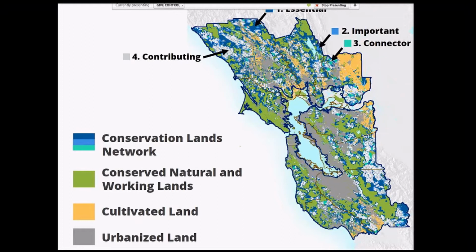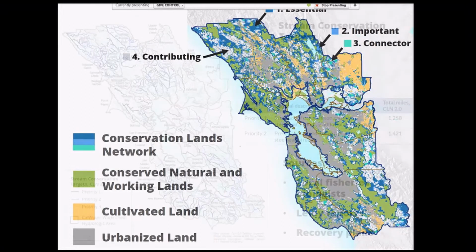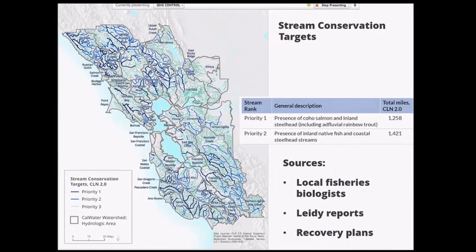So yes, to complement the network, we also wanted to add in stream conservation targets as well. So we have habitat conservation targets, we have species occurrence targets, and then we also have these stream-based conservation targets. They're based on 3 priorities. Priority 1 is the presence of coho salmon and inland steelhead, including adfluvial rainbow trout.